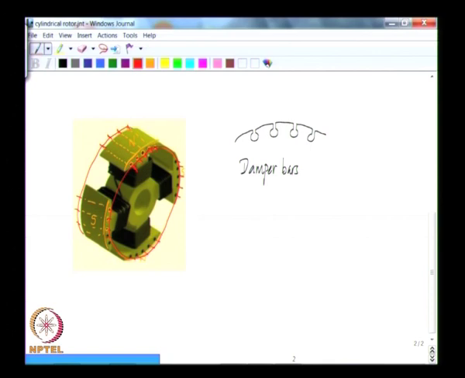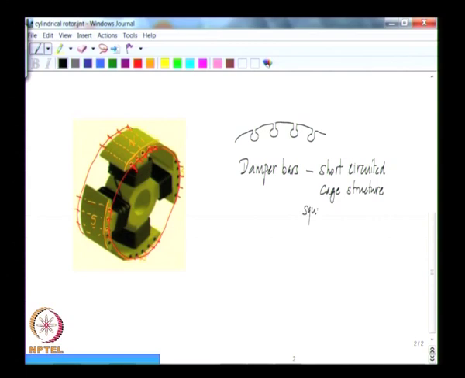So these damper bars actually form a short circuited cage like structure. You see that there are bars here which are shorted on either side, so it forms a cage like structure, much like the squirrel cage of an induction machine.